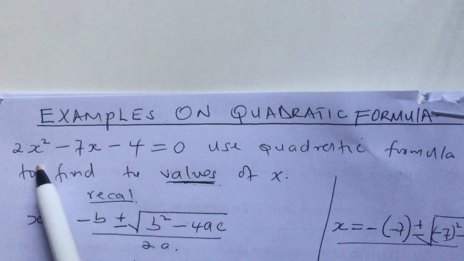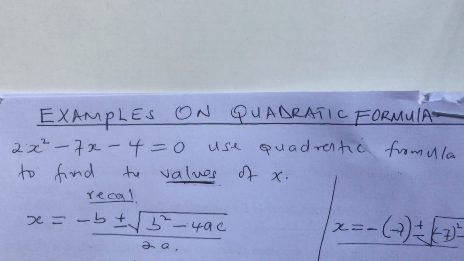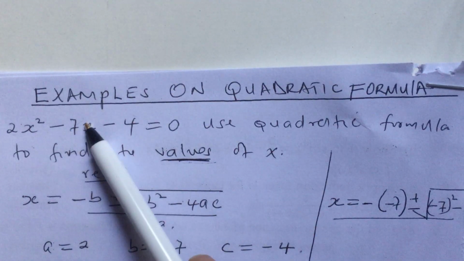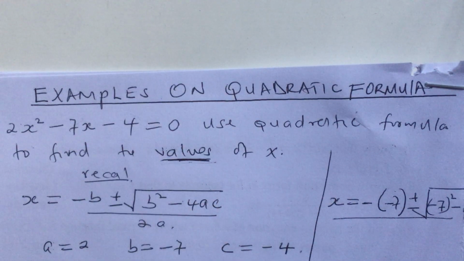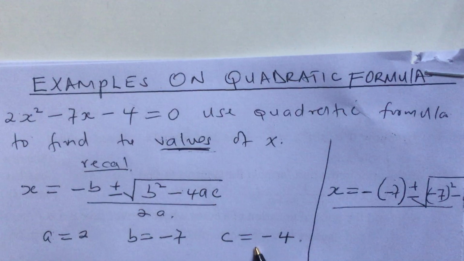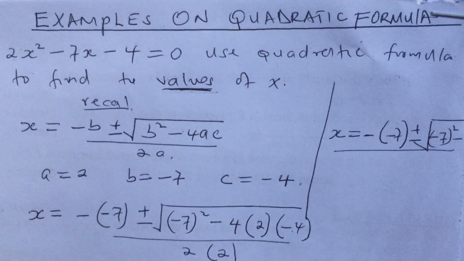So from this equation, a is the coefficient of x squared, which is 2, b is the coefficient of x, which is negative 7, and c is the constant that is remaining, negative 4.